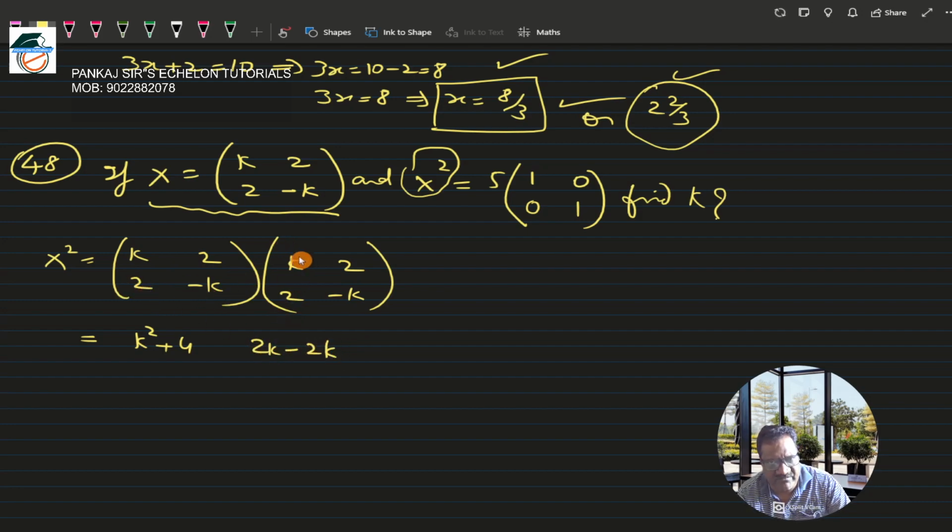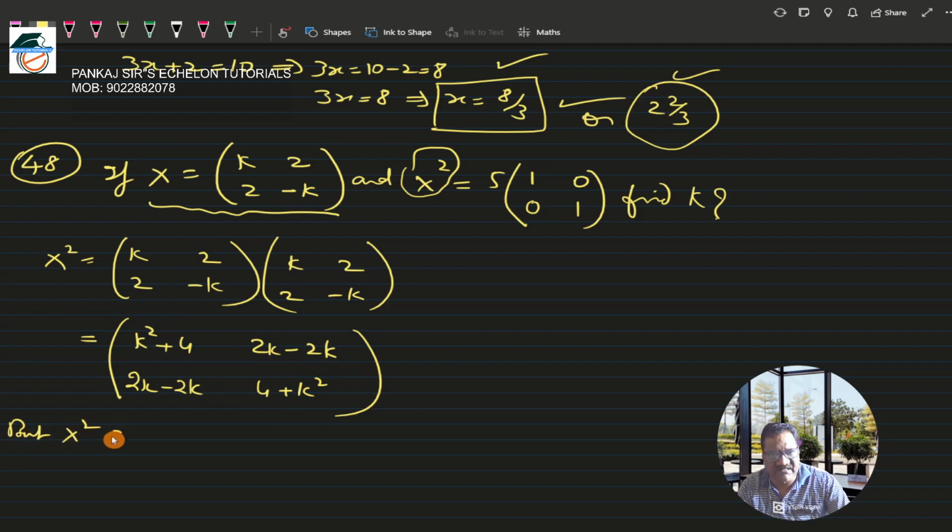Second row, first column will be 2k minus 2k. And second row, second column will be 4 plus k square. This happens to be my X square. But X square is given to you as [5 0; 0 1].